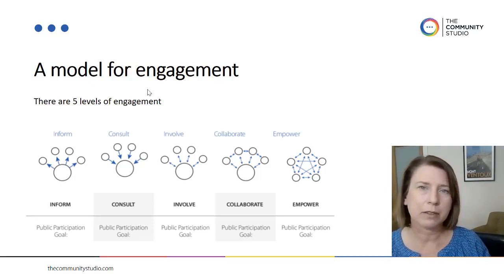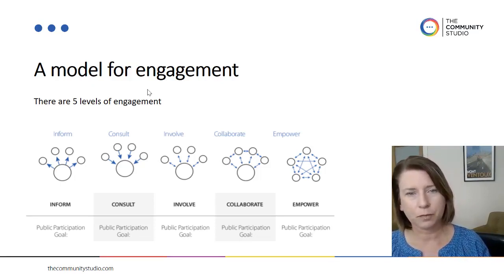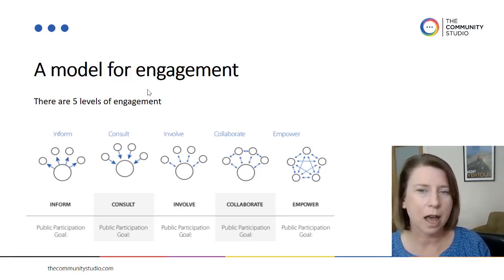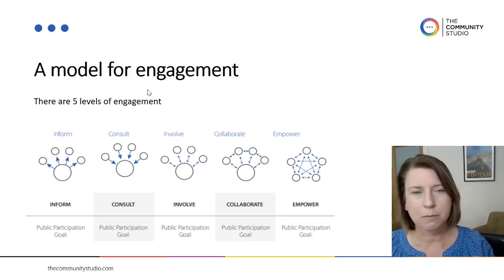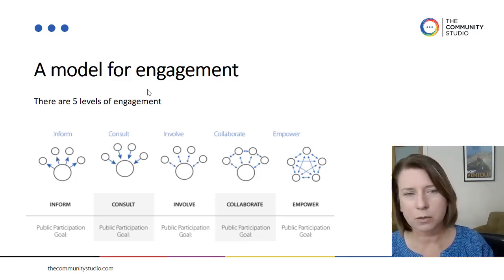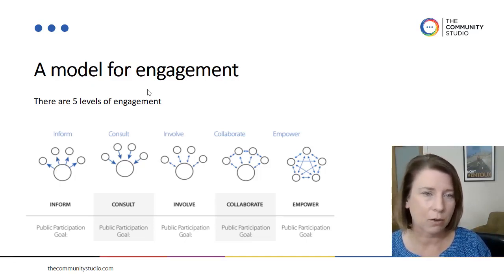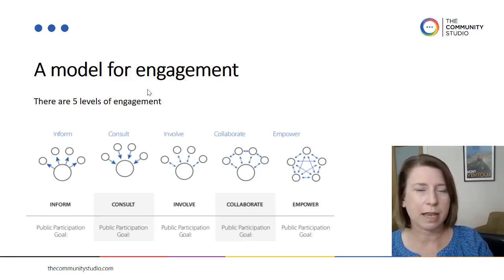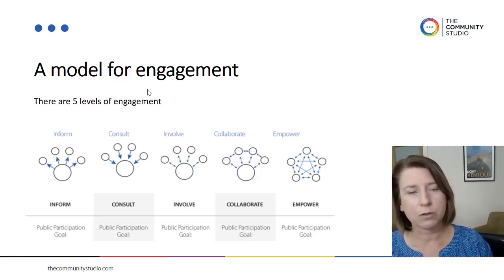And the diagrams give a little bit of a hint around the type of interaction that is expected at each of those levels. Now, in those diagrams, the big circle is essentially the organisation or the project, and the smaller circles are the stakeholders. So you can see the difference there with inform. It is the organisation or project delivering one-way information out to their stakeholders.